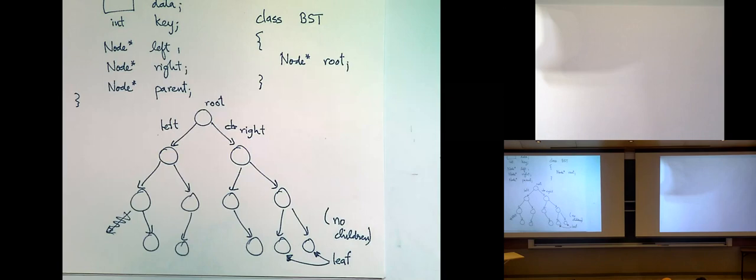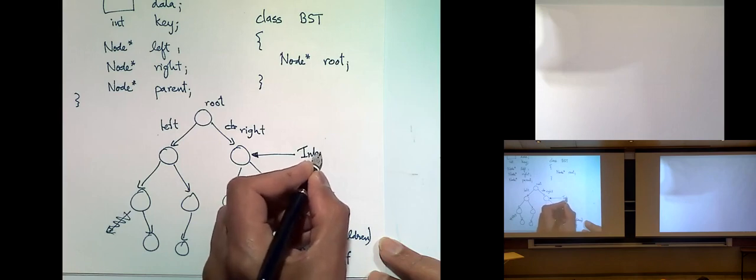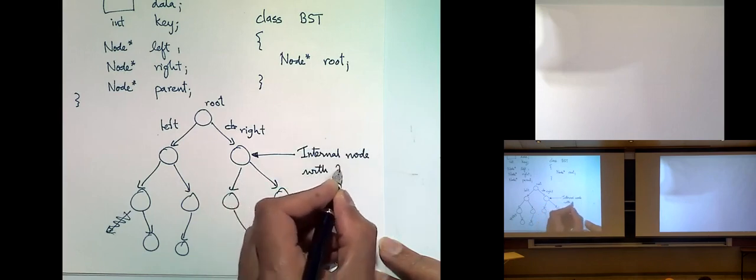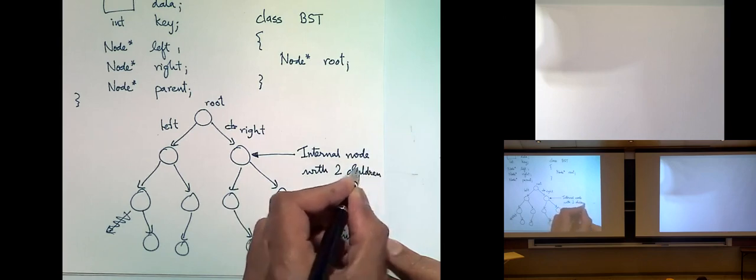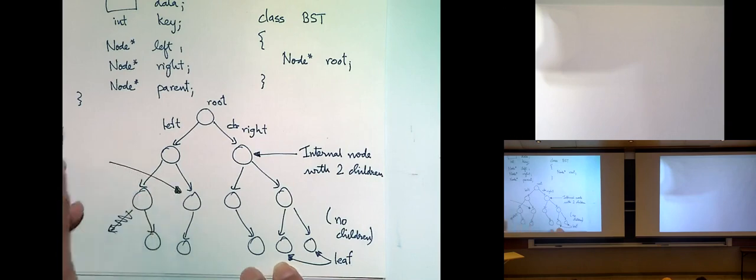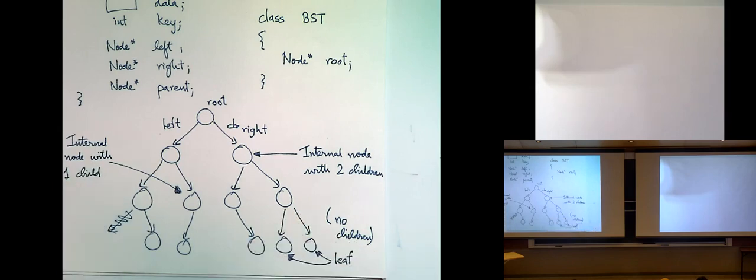Now internal nodes are of two types. This is one kind, an internal node with two children, and that's an internal node with one child. Right? Does that make sense? So this is just a representation of the tree.